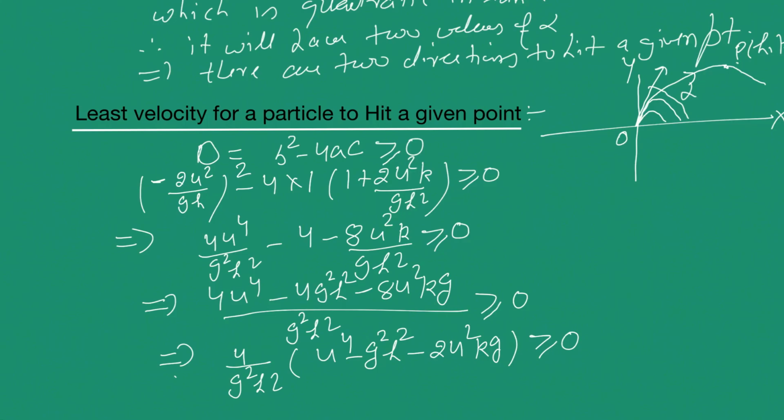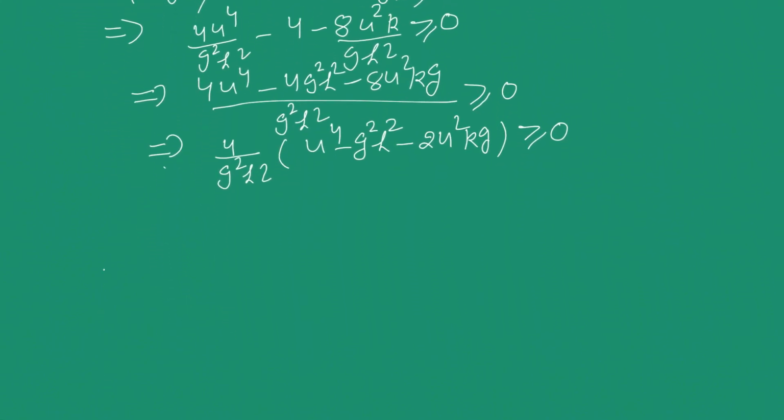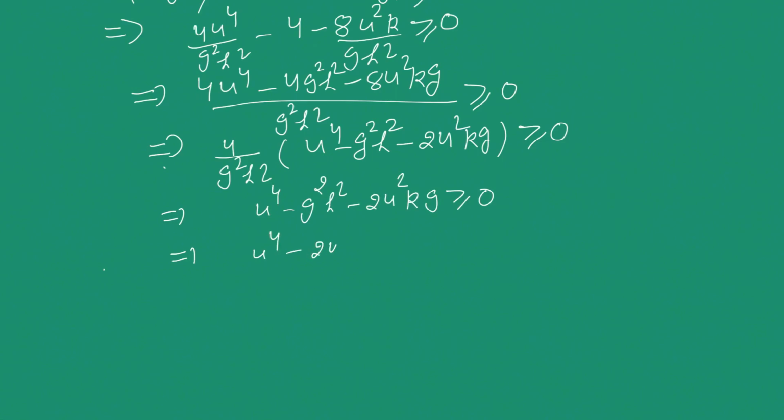Now you see, for this to be greater than or equal to 0, this factor is always positive, so it will always be positive. This factor has to be greater than or equal to 0. This implies u^4 minus g square h square minus 2u square kg is greater than or equal to 0, so u^4 minus 2u square kg is greater than or equal to g square h square.